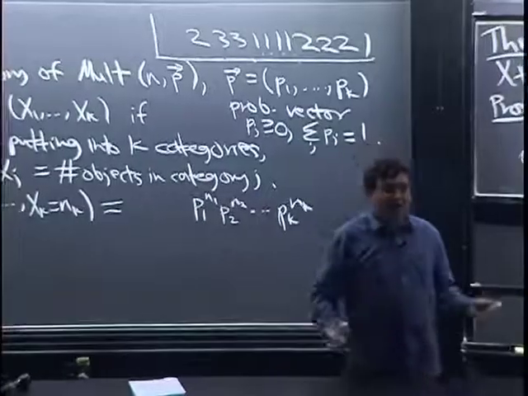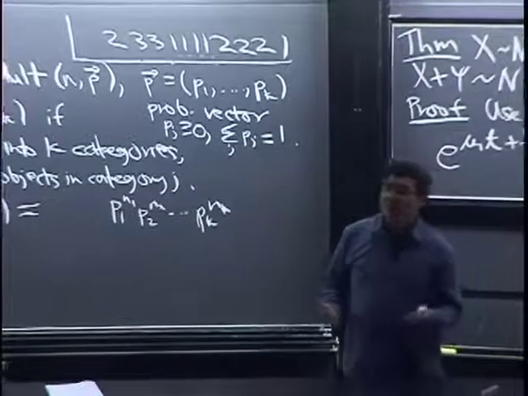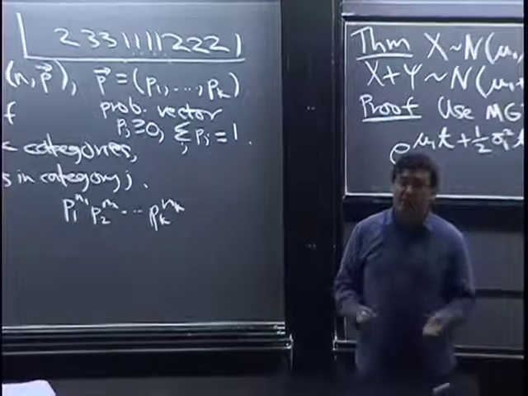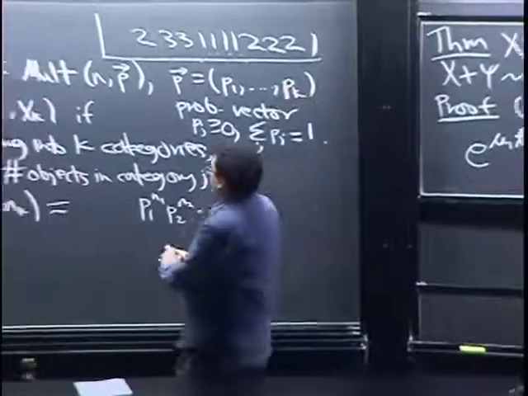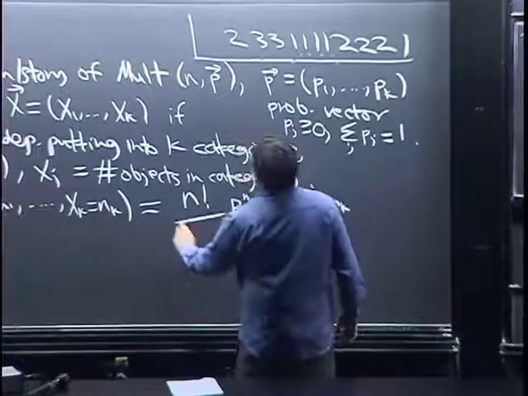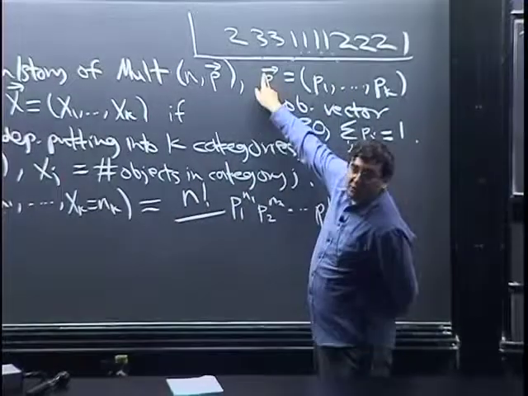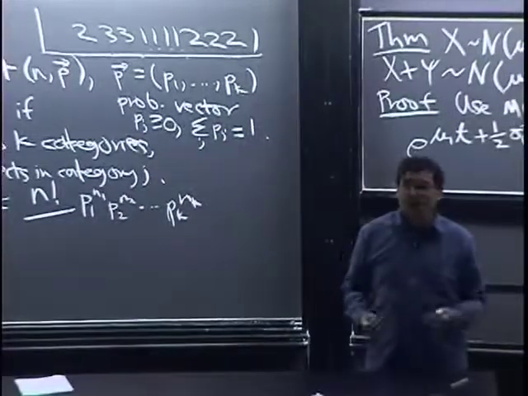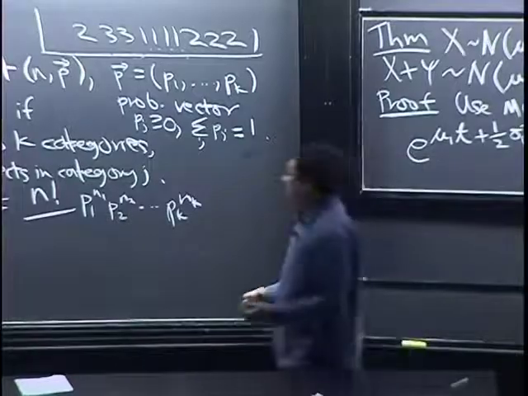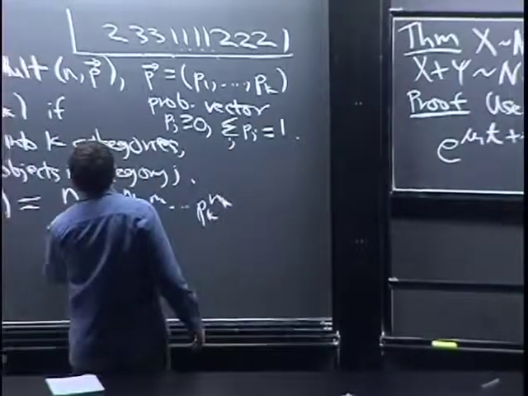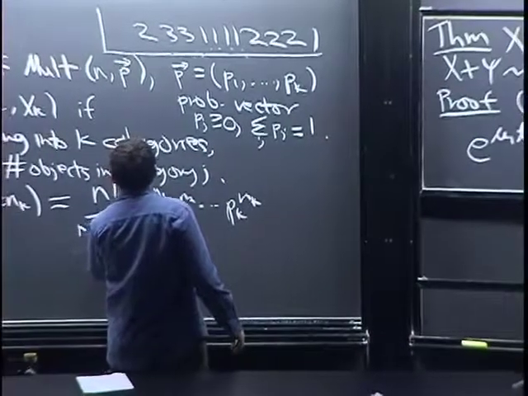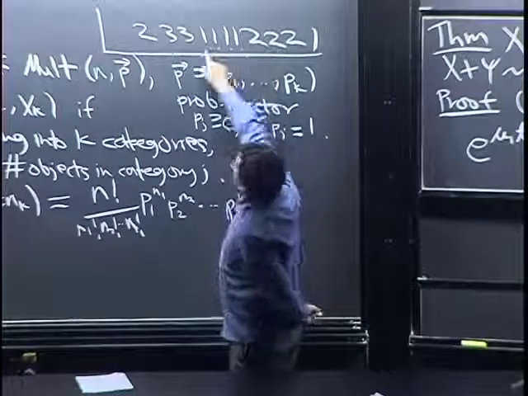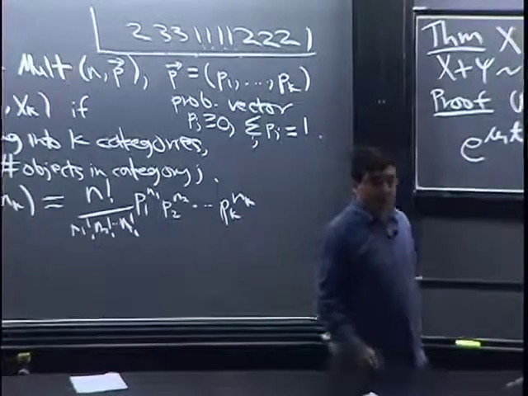It's going back to those counting problems, how many ways are there to permute the letters in the word pepper or the letters in the word Mississippi, where you start with n factorial, but that overcounts because the 2s could have been in any order, the 3s could have been in any order, the 1s could have been in any order, and so on. So you have to adjust for that overcounting, exactly like we did for the binomial. We just divide by n1 factorial, n2 factorial, and so on, nk factorial, to account for all the ways you could permute the 3s, the 1s, and the 2s.